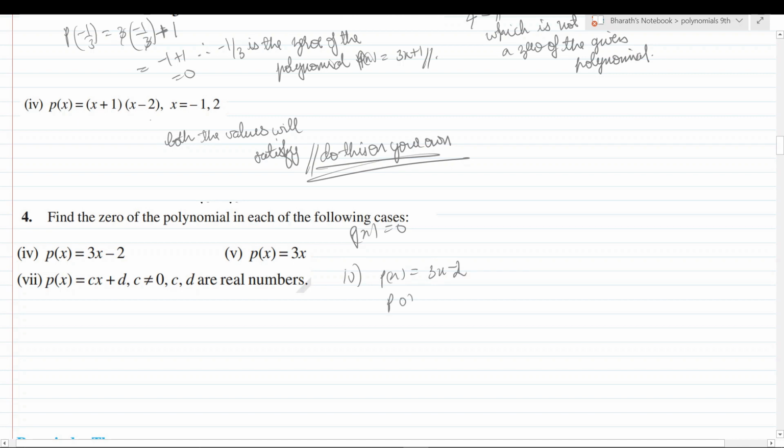So substitute p of x to be 0. So 3x minus 2 is equal to 0. 3x is equal to 2. x is equal to 2 by 3. And conclusion, therefore 2 by 3 is the zero of the polynomial.